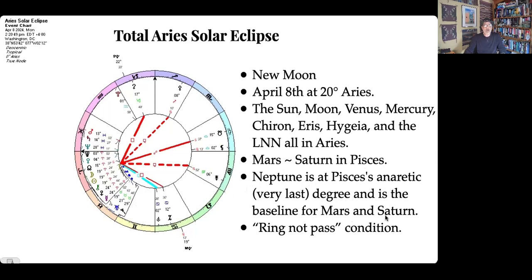And this is the baseline for Mars and Saturn. So the anaretic degree is the ring-not-pass condition. In other words, the energy cannot pass from Pisces to Aries until all of this Pisces energy is resolved, until all of it comes to a still point, so that the changes can occur.